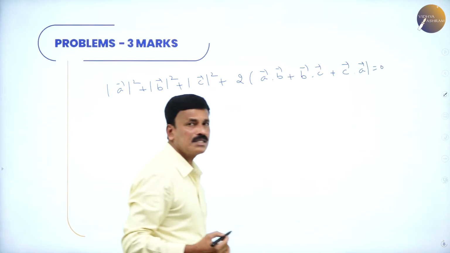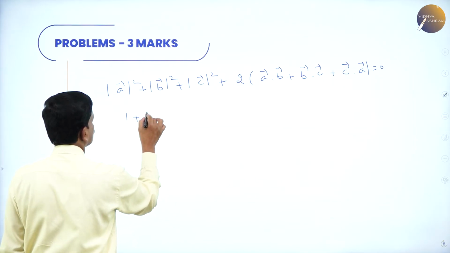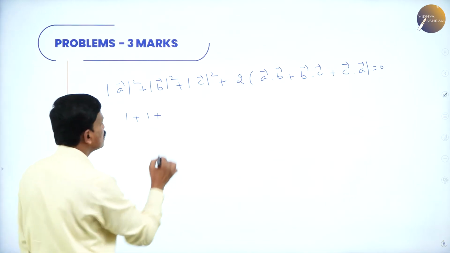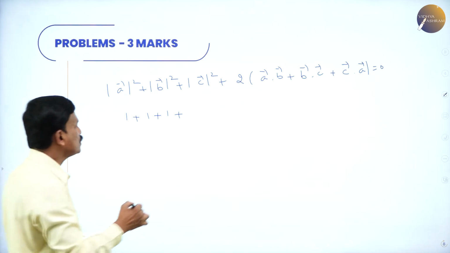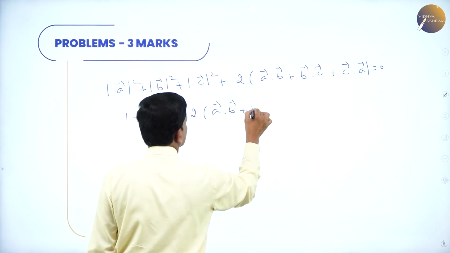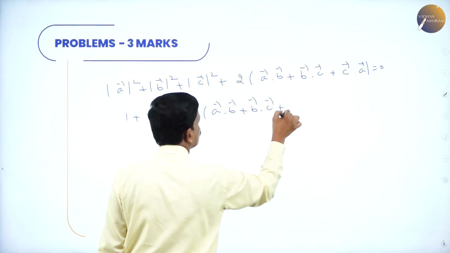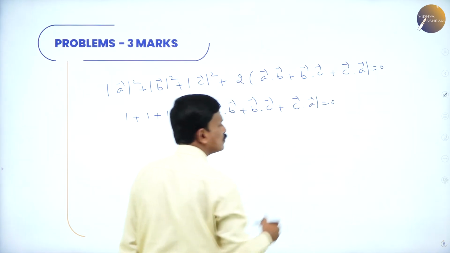is equal to 0. Since we know length of A is equal to 1, 1 square is 1, length of B is also 1, 1 square is 1, plus length of C is also equal to 1, 1 plus 1 plus 1 is equal to 3, plus 2 times A dot B plus B dot C plus C dot A is equal to 0.